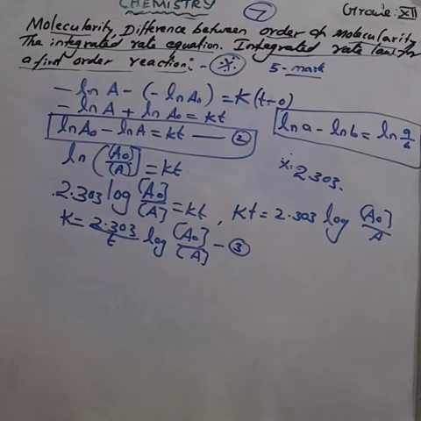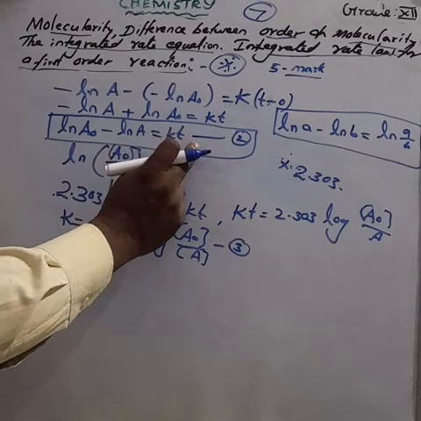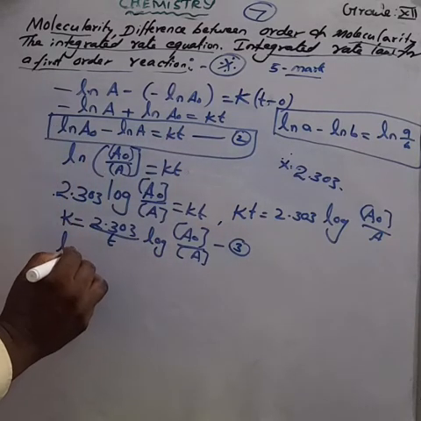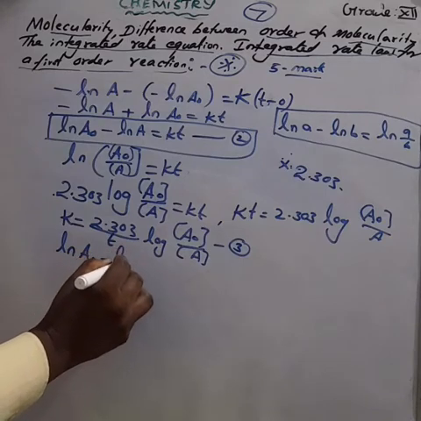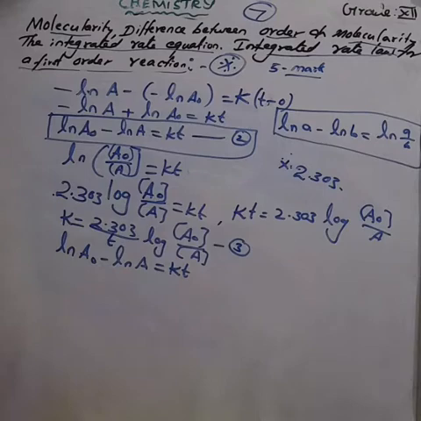Next, from equation 2, what did we write in equation 2? ln A naught minus ln A is equal to KT. This is equation number 2. Am I right?